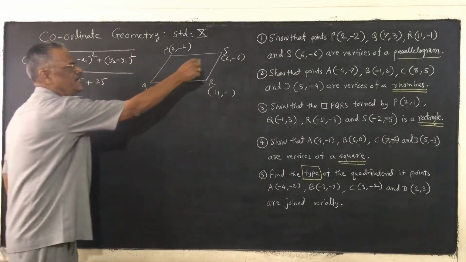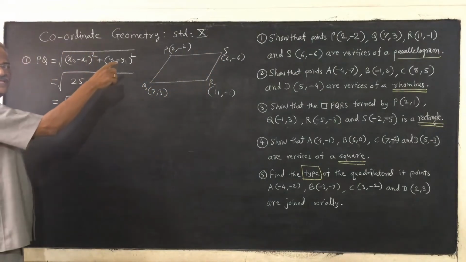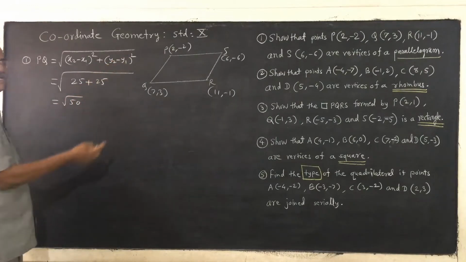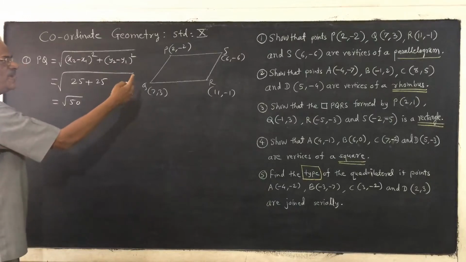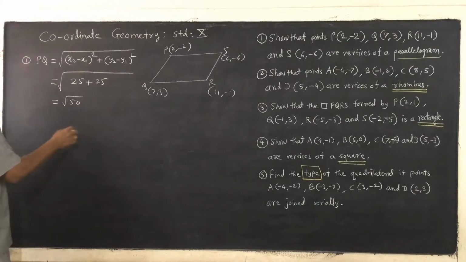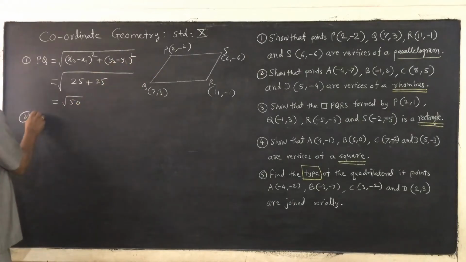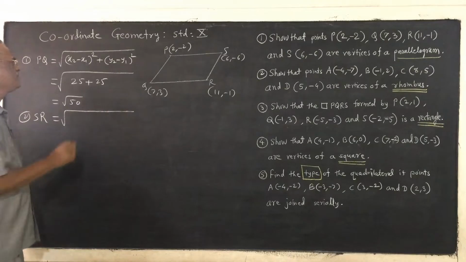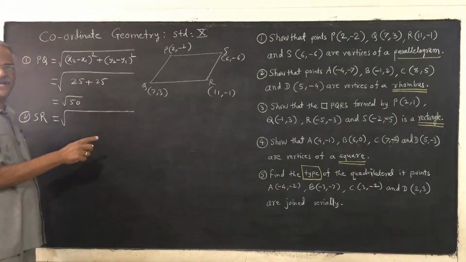Then you calculate the length of SR, or RS. Calculate SR by using the same formula, x2 minus x1 bracket square plus y2 minus y1 bracket square.